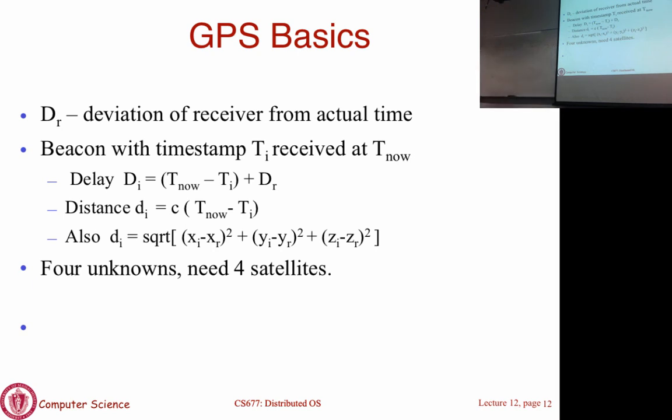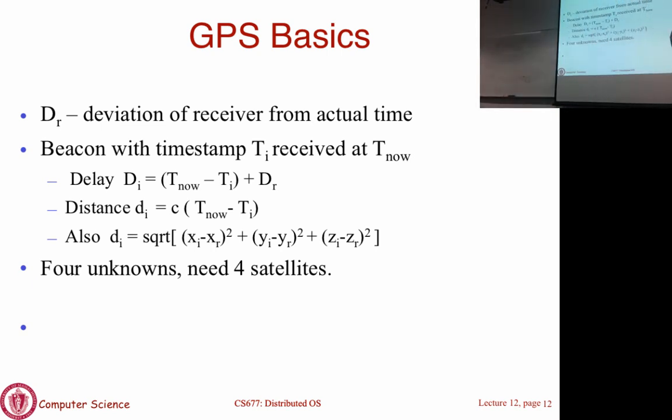Let's say this is Earth. There is a GPS receiver here that has an unknown location, x, y, z. All of the satellite values are known because you put the satellites in a particular way. Furthermore, we'll assume that the satellites themselves are synchronized with an atomic clock.